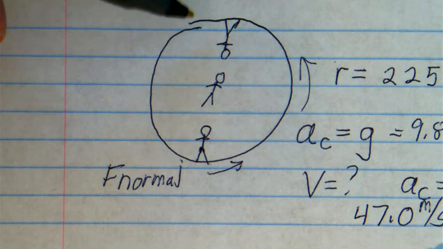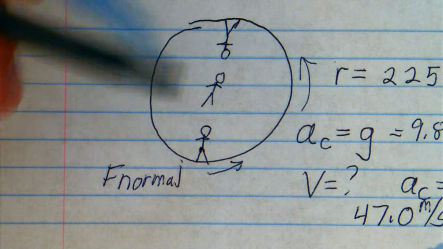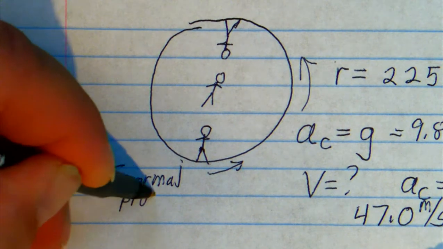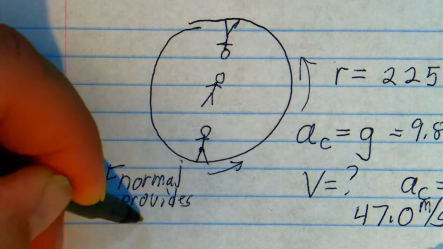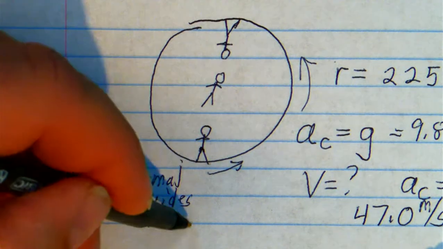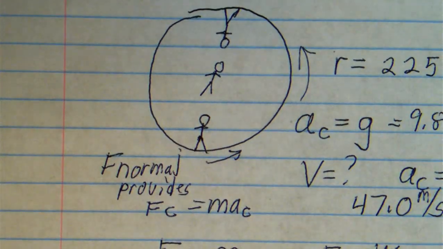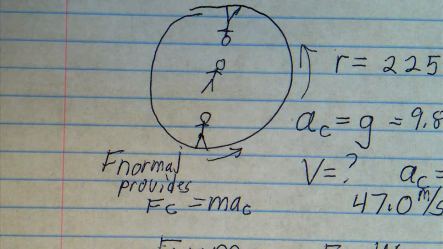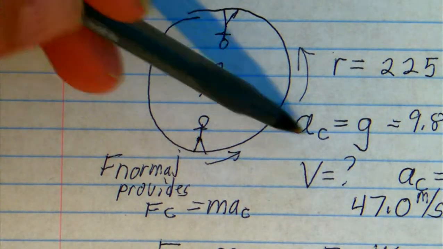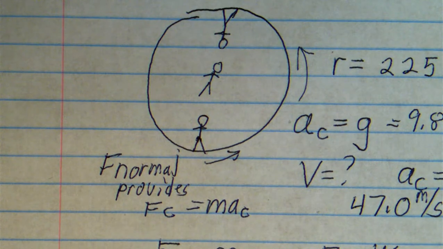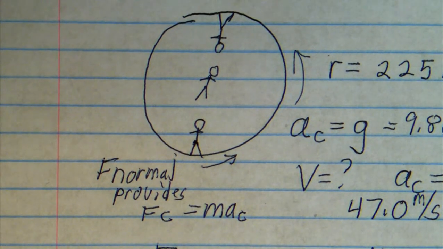For a space station, the normal force provides the centripetal force that we need to continue moving in a circle instead of flying off at a tangent to the circle.